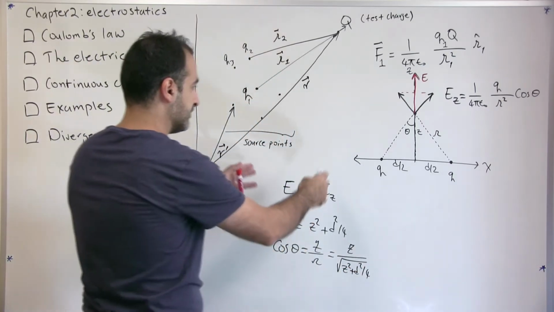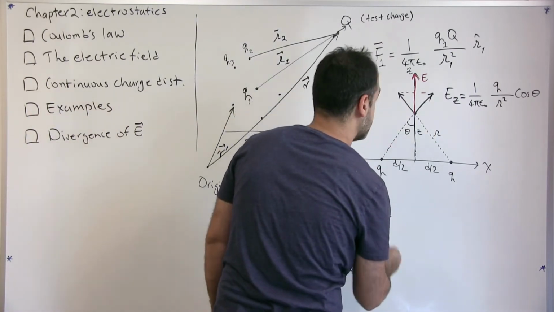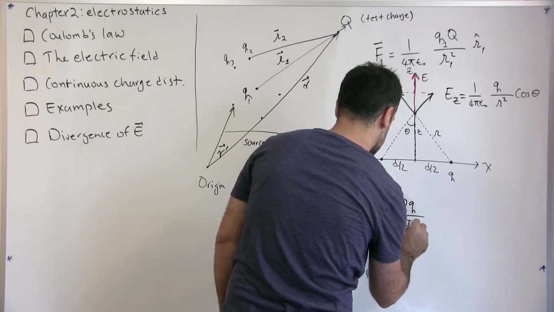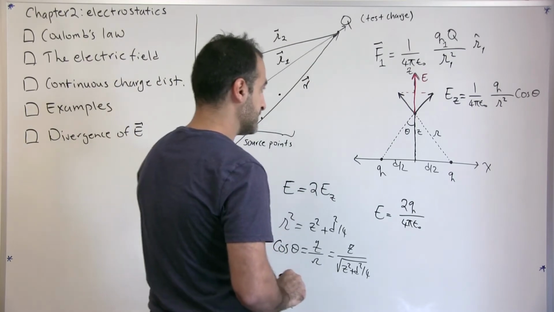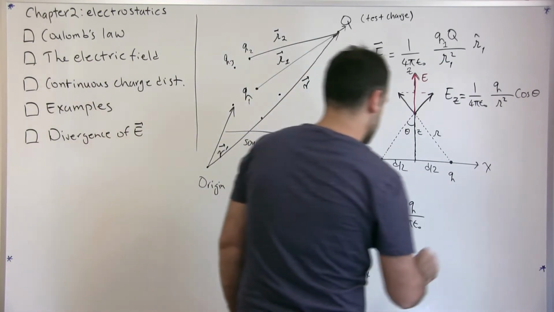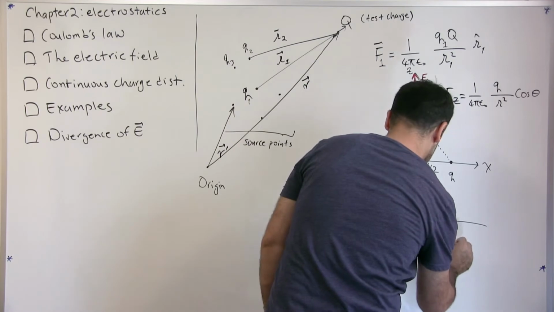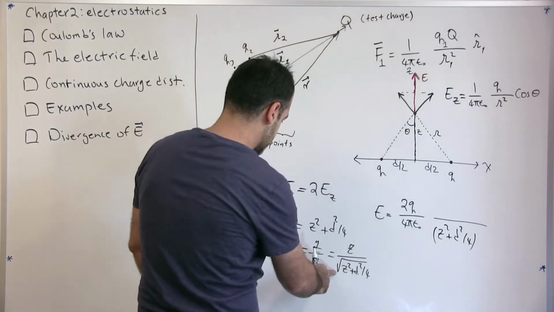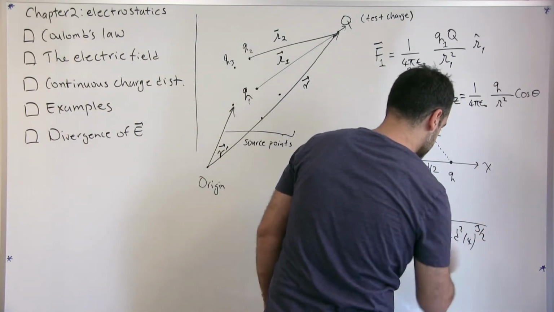Okay, combining all these things, the E will be 2q over 4 pi epsilon 0 times, so we have R squared here, we have cosine theta here, we get z squared plus d squared over 4, the square root, and then we have R squared here as well, so it's to the power of 3 by 2.